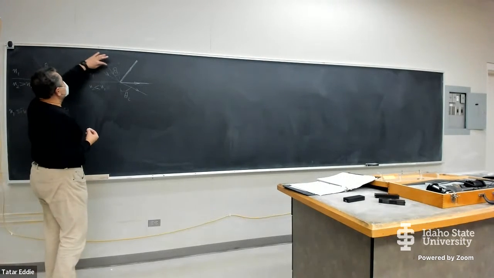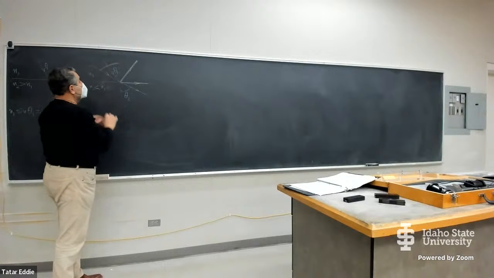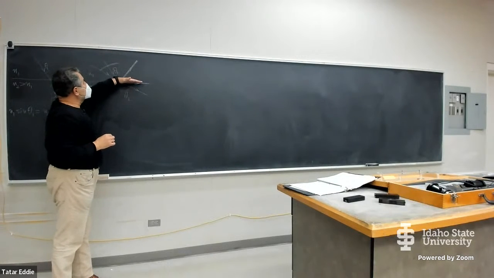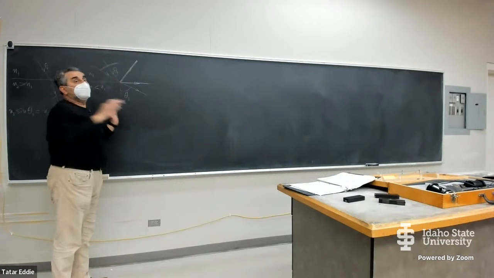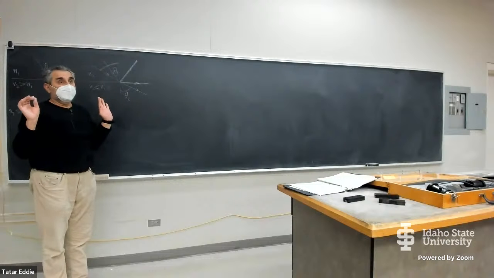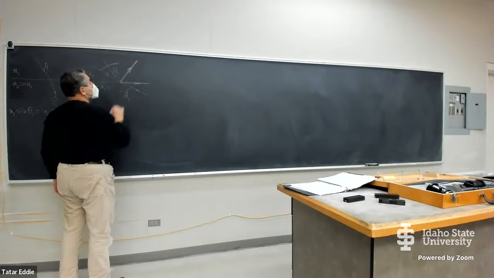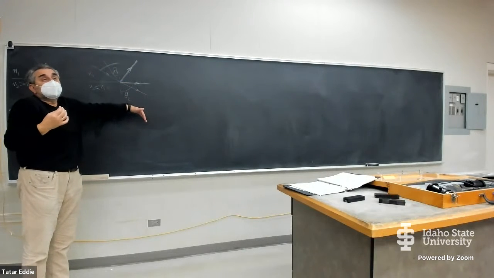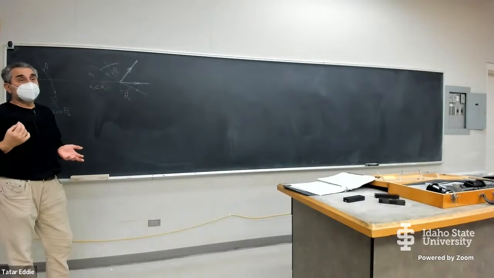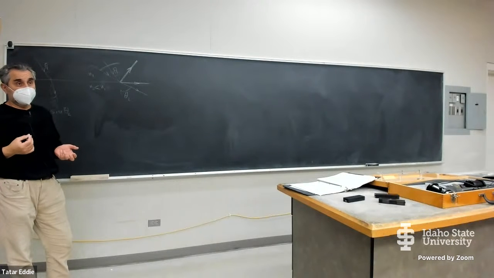If you exceed the incident angle right here, the value which provides an angle of refraction of 90 degrees, the refracted light ray is going to disappear completely. And all of the incoming intensity is going to be left for the reflected light ray, because nothing is going to enter and get refracted. So this is what we call total internal reflection.